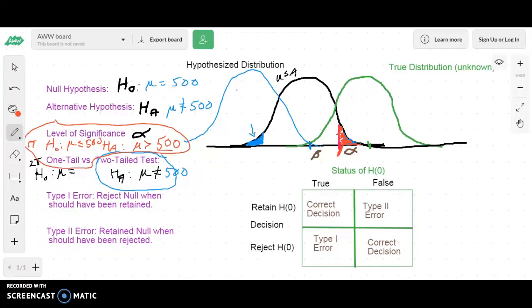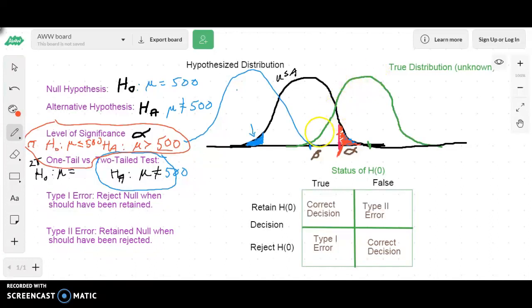And in fact, you may never be able to do that. So we're going to make judgments or decisions based on a sample. And if that's the case, realize that there's a chance that that sample leads us to an incorrect decision, if that makes sense.